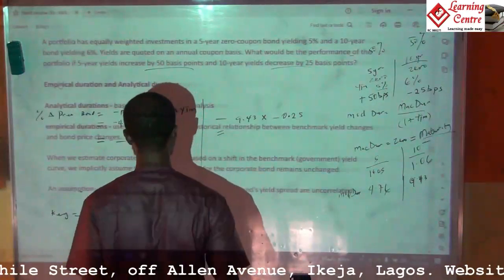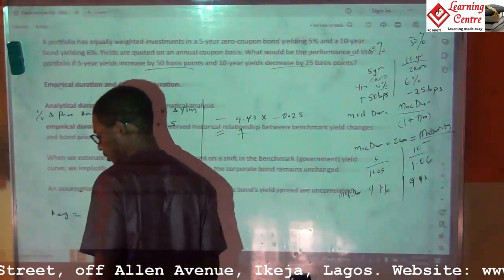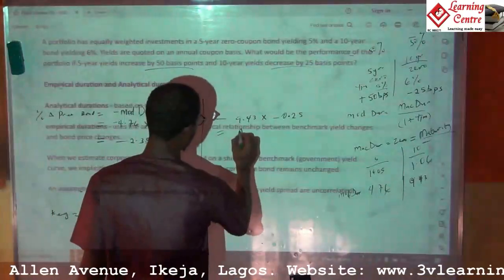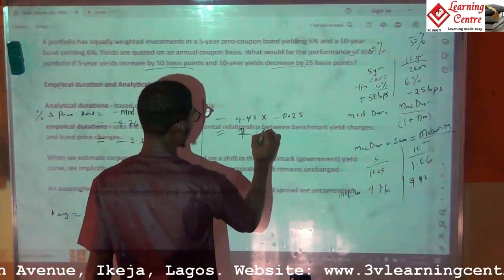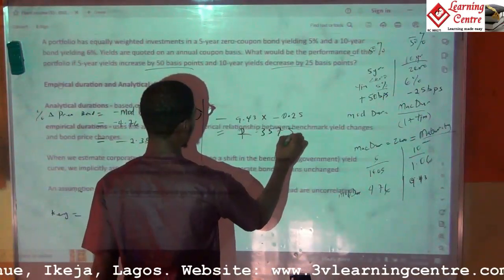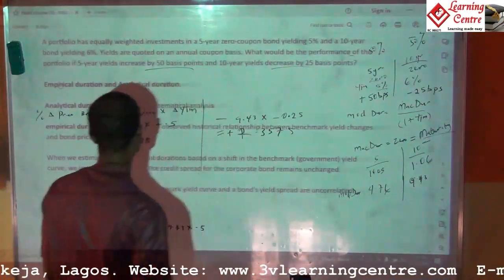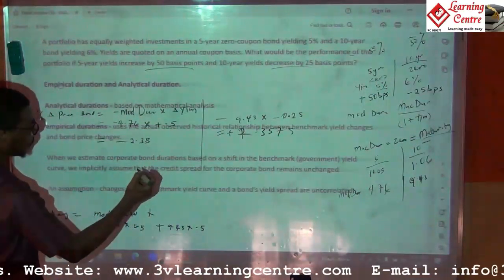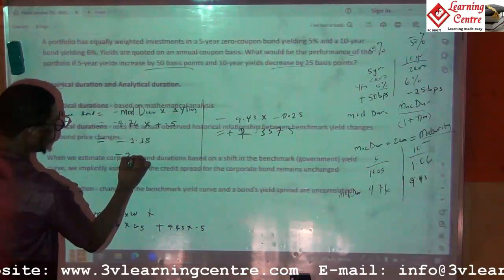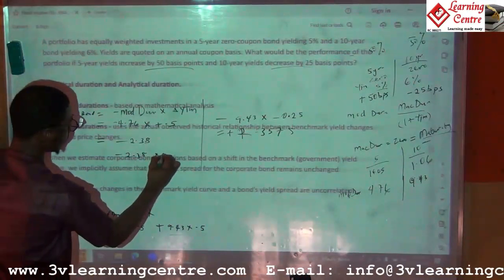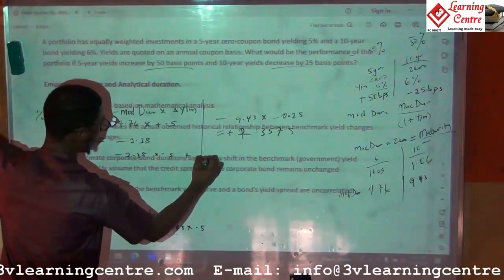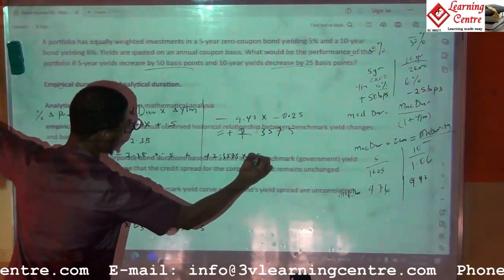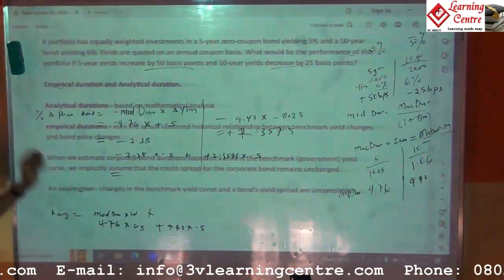That would give us positive something, about positive 2.36. Now we know they are each 50%, so negative 2.38 times 0.5 plus positive 2.36 times 0.5.